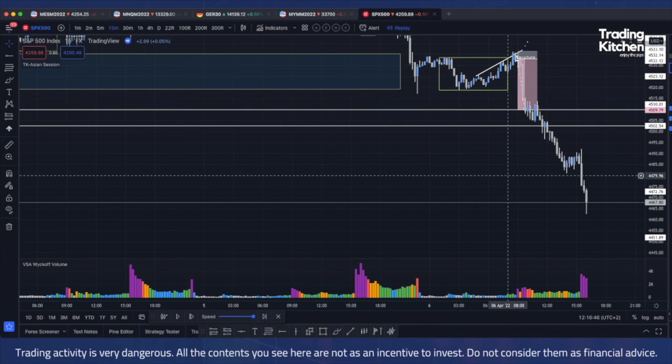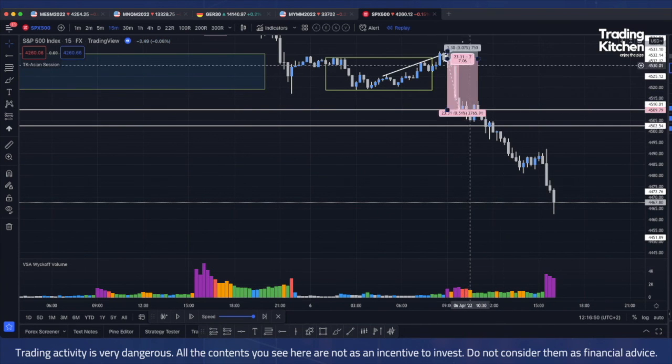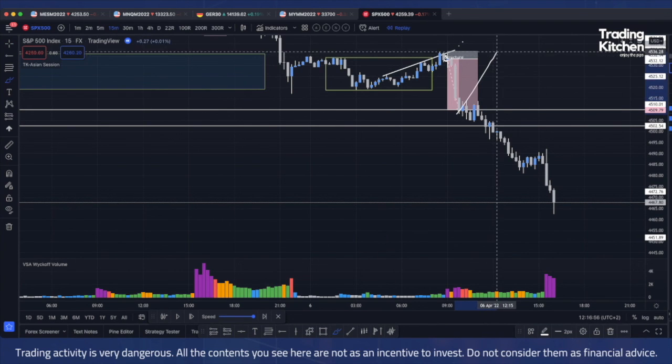But I prefer to take my profit here and don't care about all this movement, because a lot of times price makes a move like this and gets me break even when it reaches 1.3, 1.4. So it's something very frustrating.